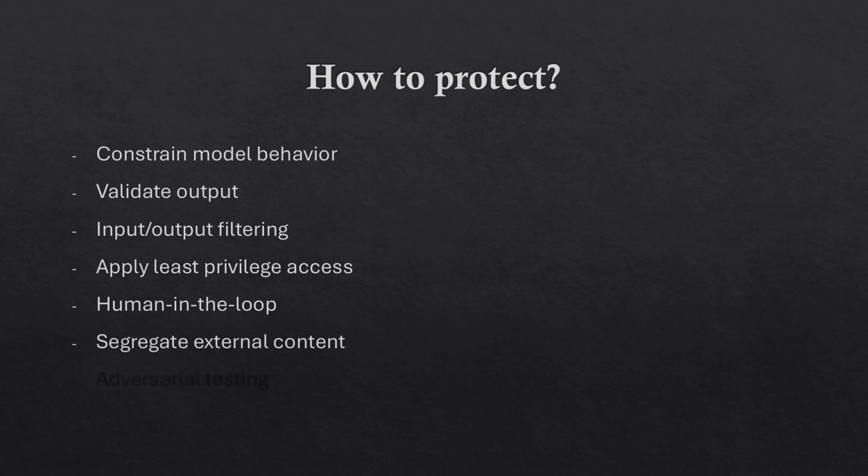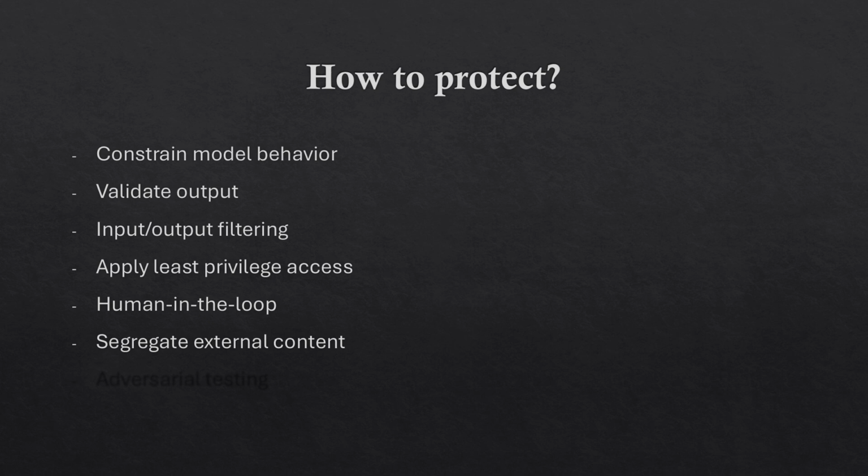Segregate and identify external content. When the model is asked to analyze external content like a web page or file, clearly separate trusted and untrusted sources. Tag or flag untrusted data so the LLM handles it appropriately, reducing the risk of processing malicious inputs as if they were safe.